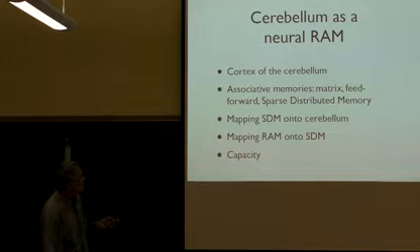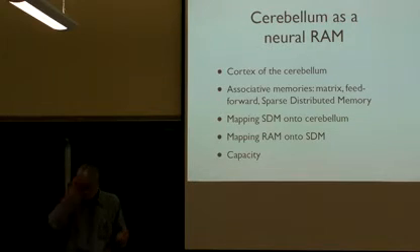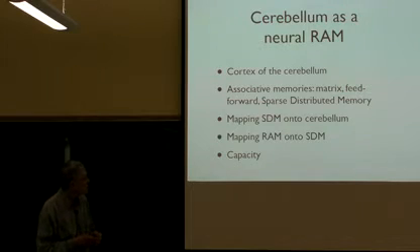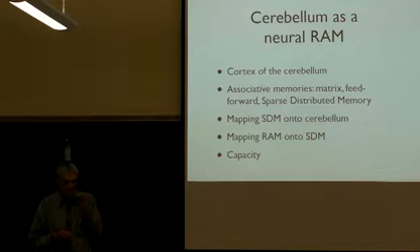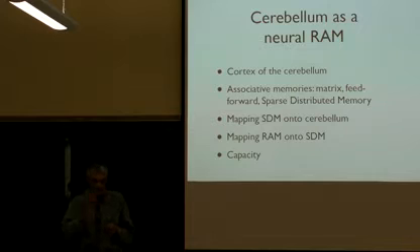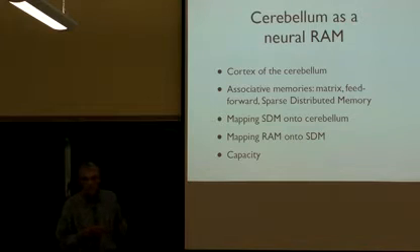So first I will talk a little bit about the cerebellum, and then about the associative memory models that you have already discussed in this class, and then in a little more detail the sparse distributed memory, which is a specific associative memory, and then how that maps into the cerebellum, and on the other hand how it maps to the random access memory.